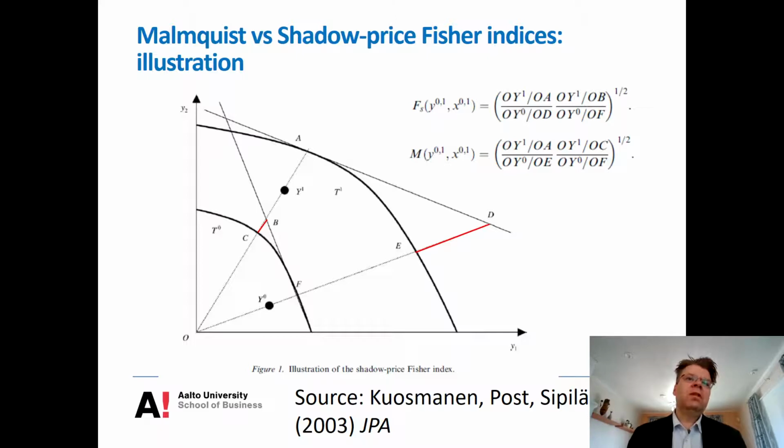Now in the Malmquist index, we do not use point B, we use point C. So we project this output y1 not to the iso-revenue line, but to the output isoquant of the base period. Indeed, those two red line segments of these radial projections indicate the gap between the shadow price Fisher index and the Malmquist index. But otherwise, the rationale is completely the same.